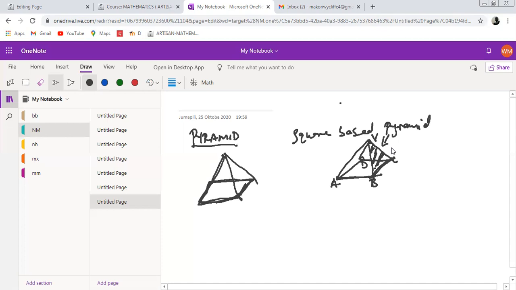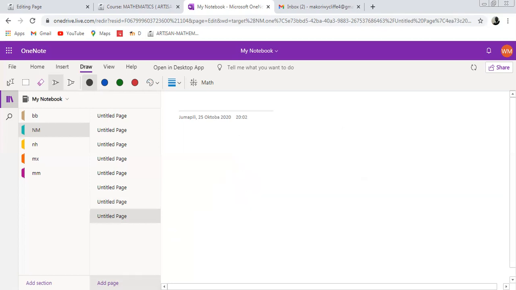Also, in the pyramid, our focus will be on 2 things. Number one is how do we get the volume of a pyramid? Number two, how do we get the surface area of a pyramid? So let us start with the first focus, which is how do we get the volume of a pyramid?